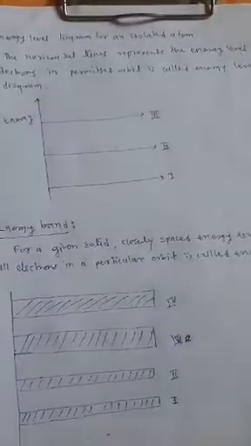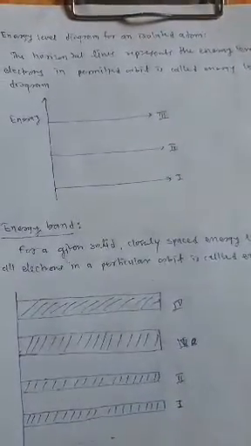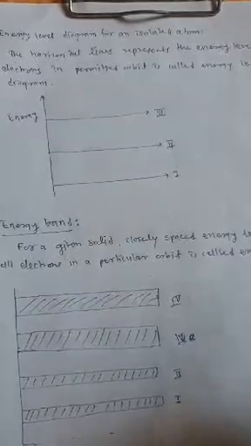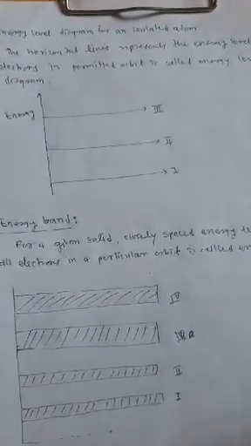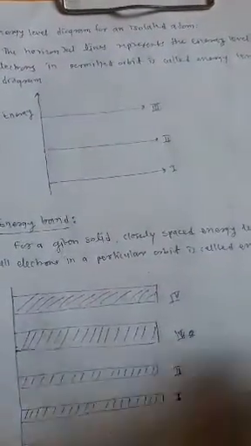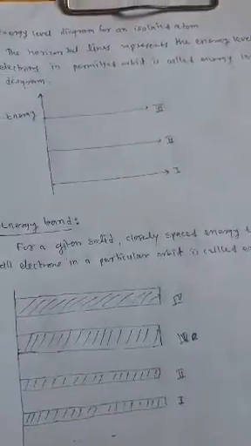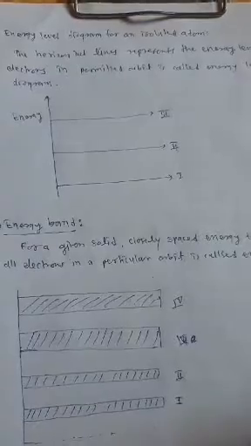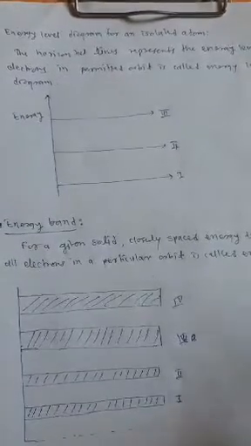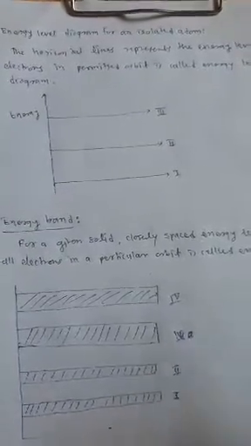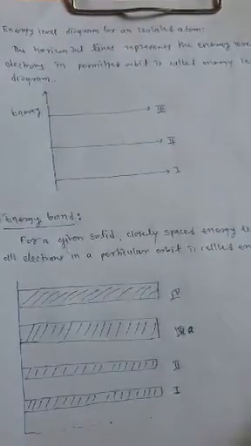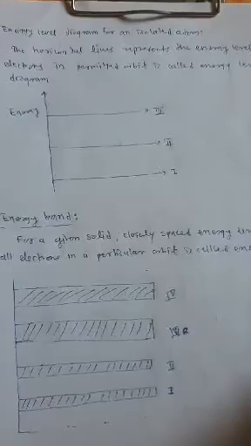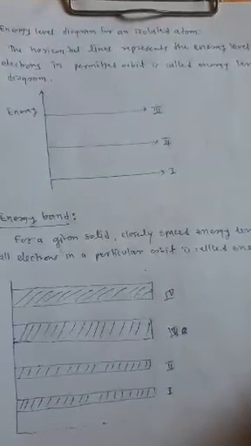Now consider a solid consisting of a large number of first orbit electrons, a large number of second orbit electrons, a large number of third orbit electrons, and so on. The energy level of the first orbit electron is slightly different from that in another atom.